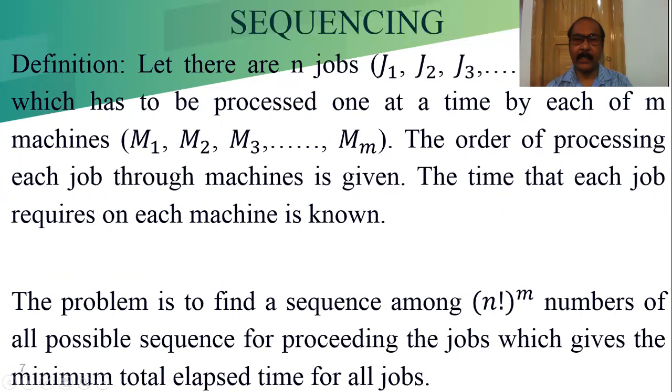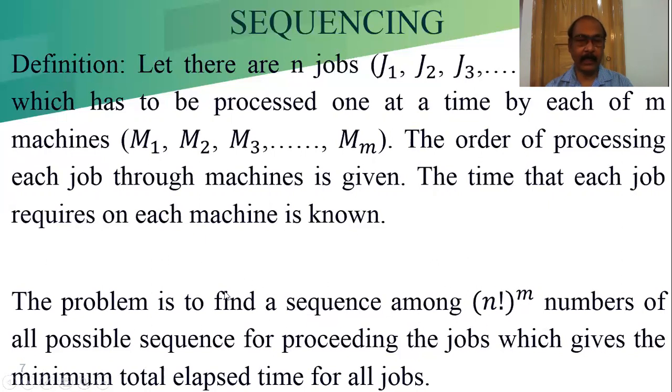The time that each job requires on each machine is known. That means when the job is performed on a machine, the processing time on the machine for that particular job is known to us. The problem is to find a sequence among (n!)^m possible sequences.